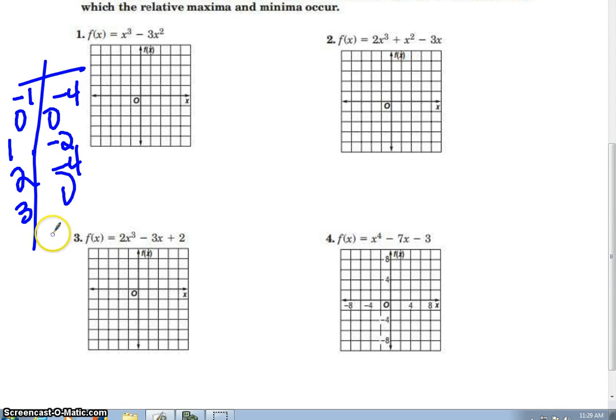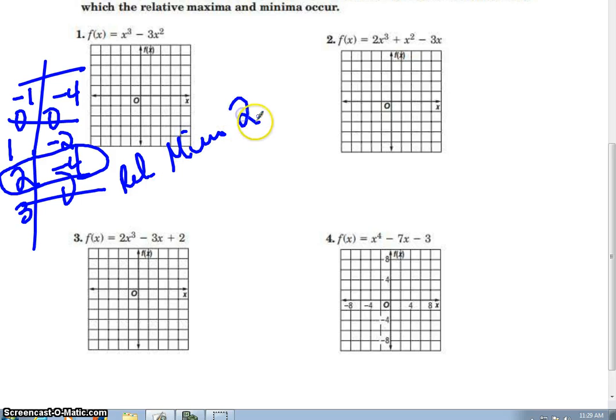Okay, so I have a 0 here, I have a 0 here. Somewhere in here it's changing direction, right? If you will notice, this was as low as it got, right? So that means that I have a relative minimum at 2, okay, because you use the x. Okay, 2, negative 4 is the relative minimum, okay, but it's at the x value of 2.